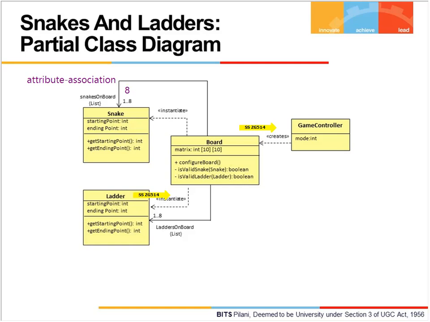Here you can see it says game controller creates the board class, right? So these are the kind of dependency relationships that you must capture when transiting from a domain model to a class model, and eventually the requirements of the association lines will vanish and all your association lines will get transformed into dependency relationships, right?